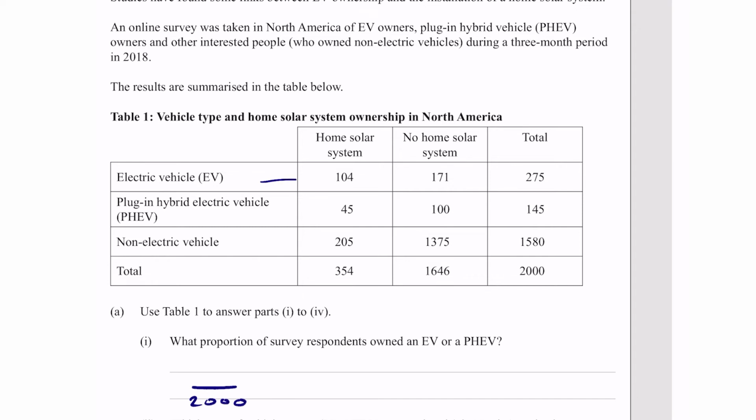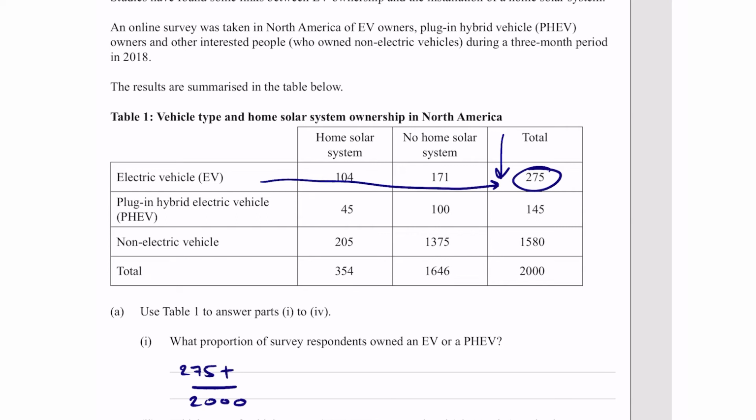So we go down the row, and we also go down the total column, and we look for where the row and the column intersect. They intersect at this entry here, which is 275. That kind of makes sense, right?